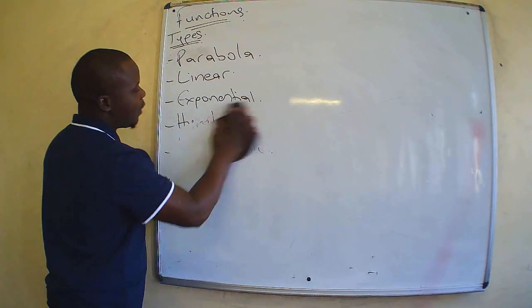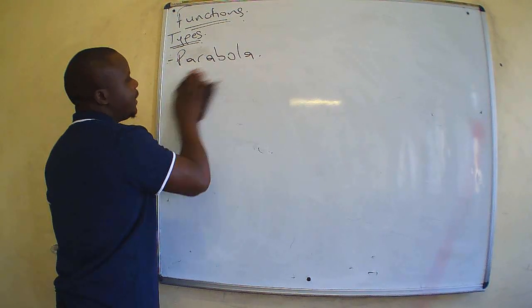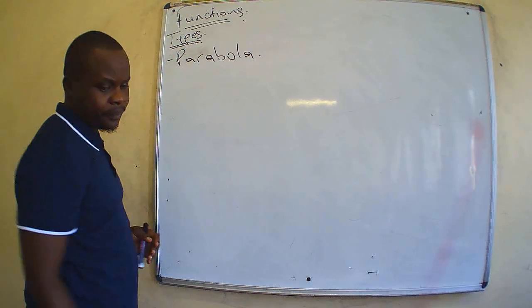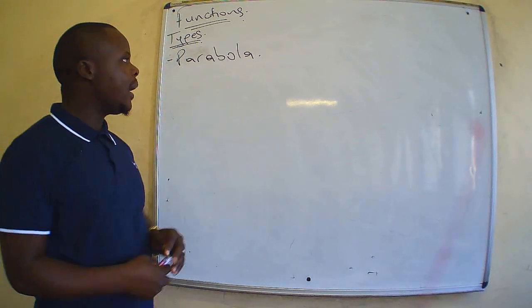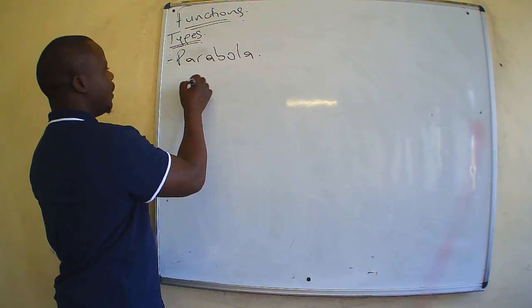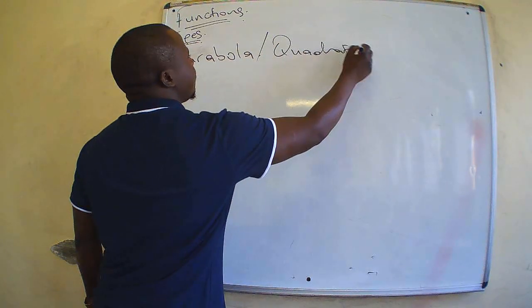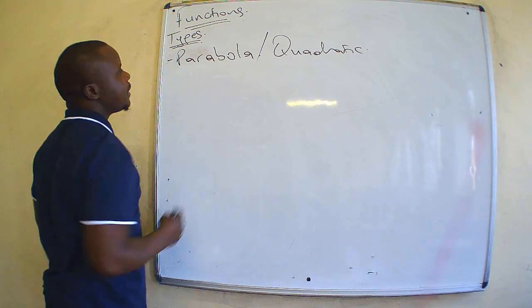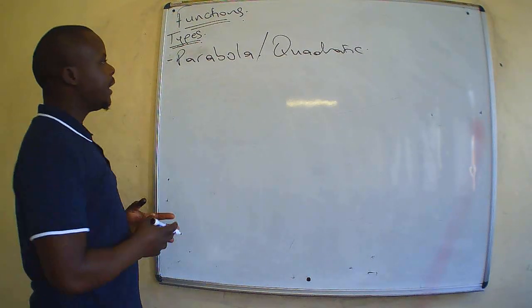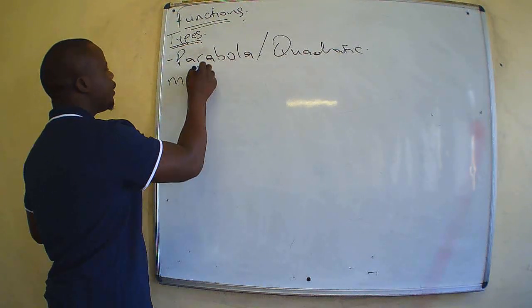So let us come to understand what exactly is a parabolic function. So the parabola is a function which is also called a quadratic. These are also quadratic functions. So for quadratic functions, they do have a model.